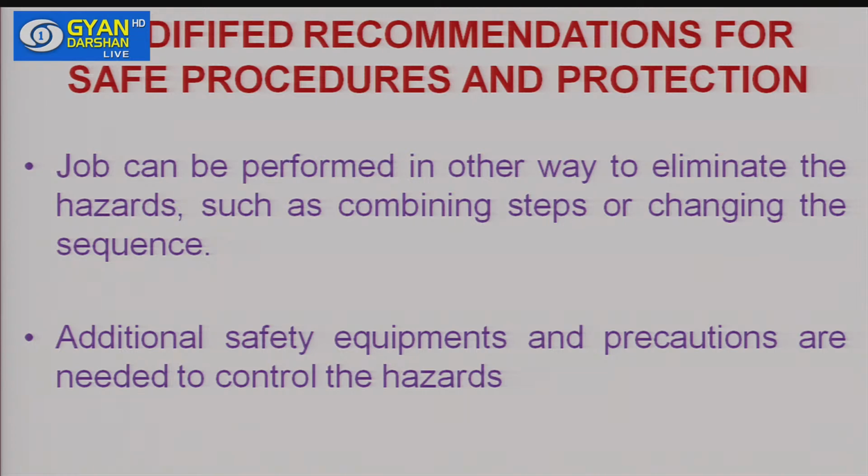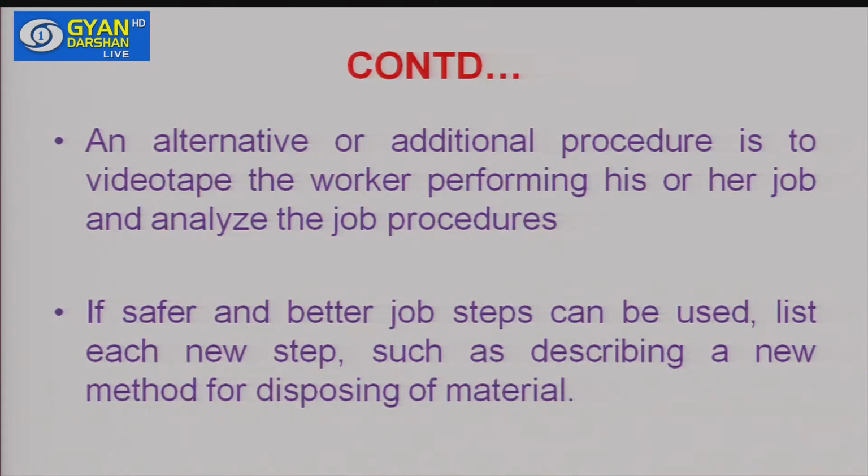We can have other safety equipment there, or we can list down further precautions to prevent these mishappenings. An alternative or additional procedure is to videotape the worker performing his or her job and analyze the job procedures. So record how he is working on that, and then we can think of something better.